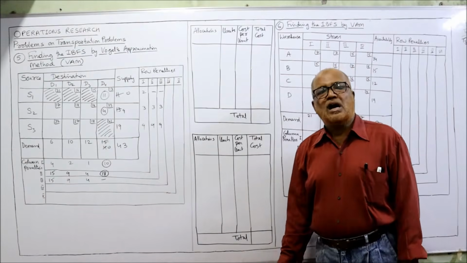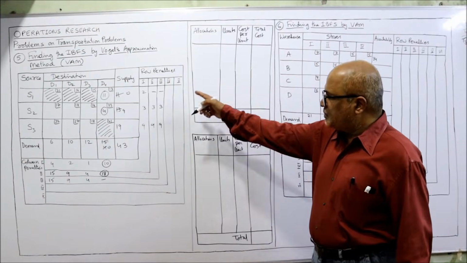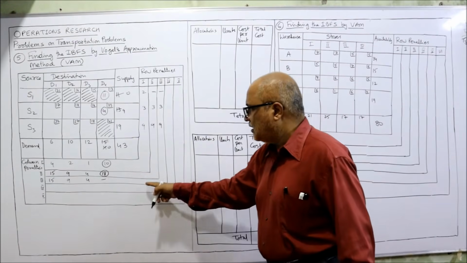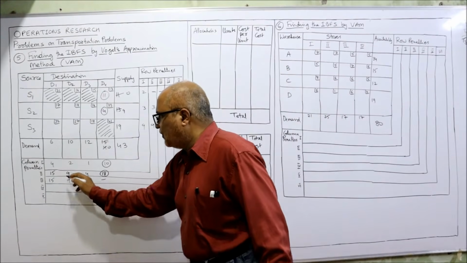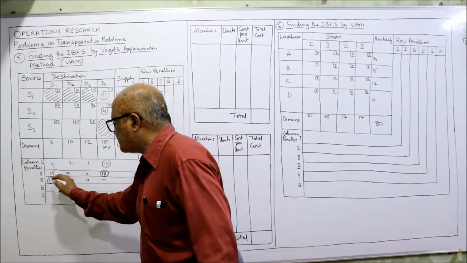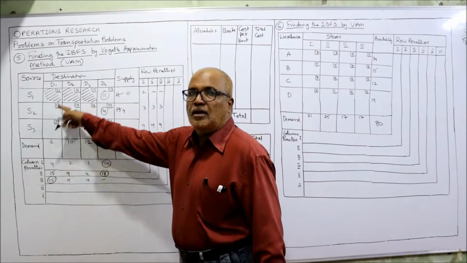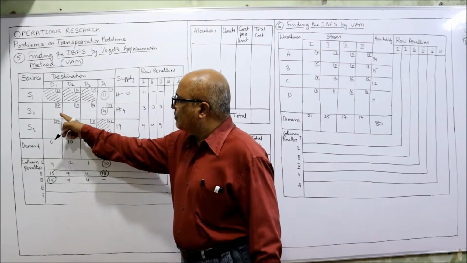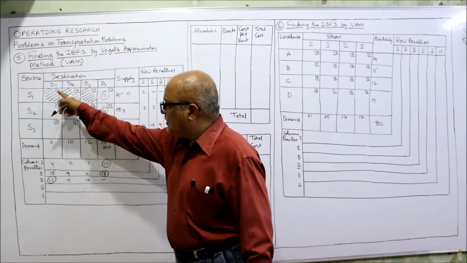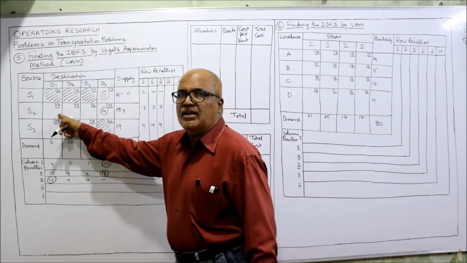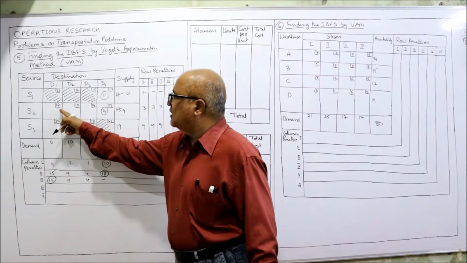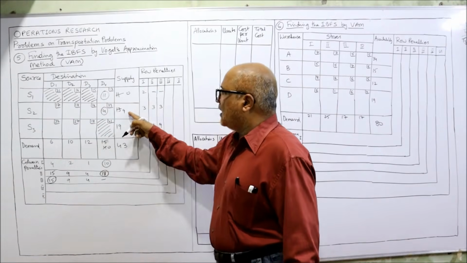Now find out what is the highest penalty. The penalties are 3, 9, 15, 9, 4. So 15 is the highest. Round off this 15. In which column are we getting it? The first column. What is the minimum cost in this column? 17. So we allocate here. What is the row total here? 9.